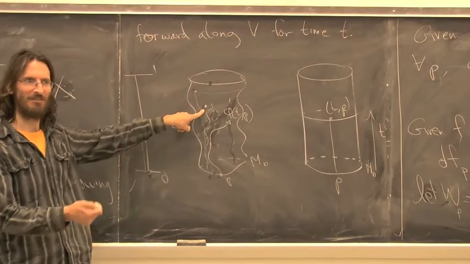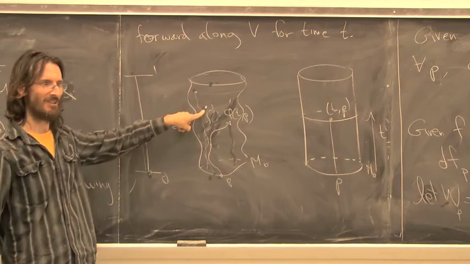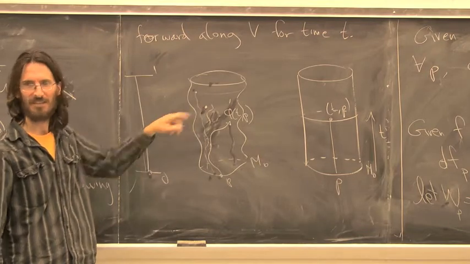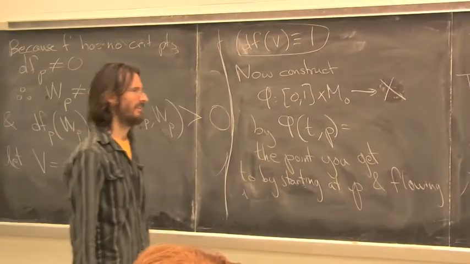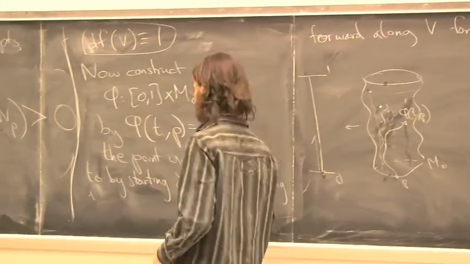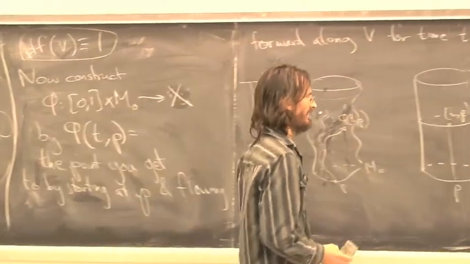How do you know you never get there? Well, if you start there, you never leave. Again, it's the forwards and backwards thing. So since starting there you never leave, then flowing forwards there, you never get there. Okay, so that was our first thing.